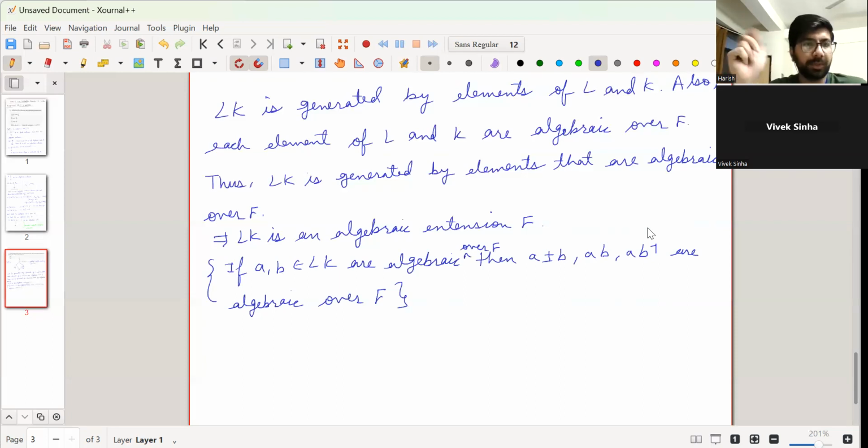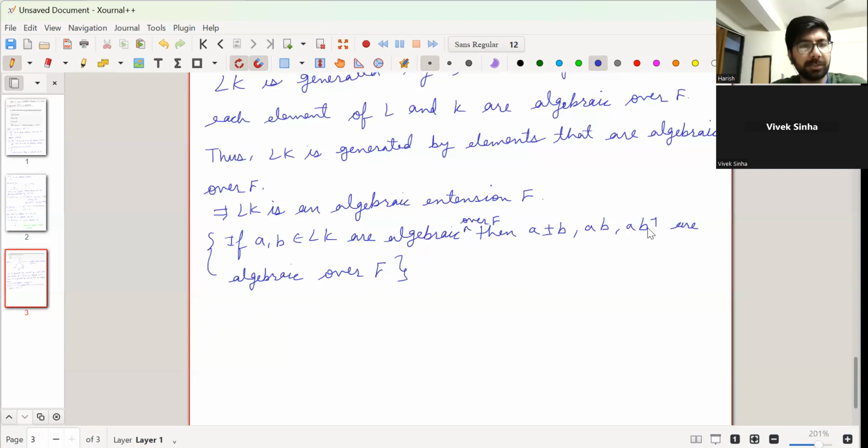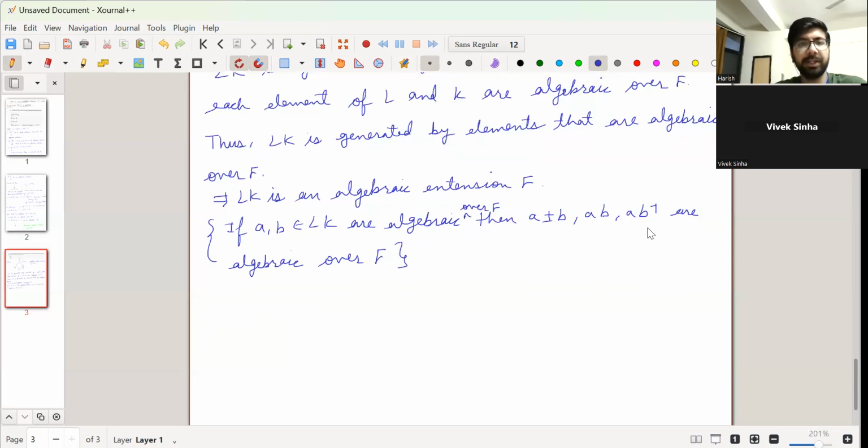You will just take their products, multiplication, and inverses, anything. So anything you take will give you an algebraic extension. So that's why LK is an algebraic extension of F. This is what we were supposed to check in question number 2.